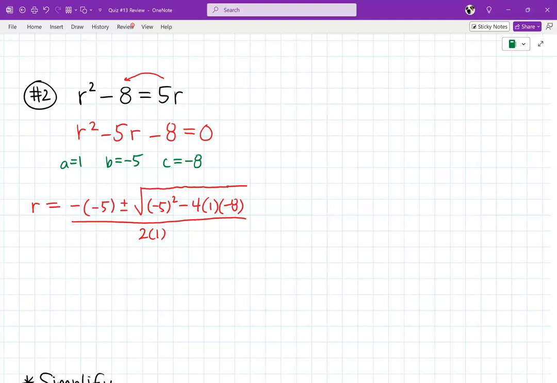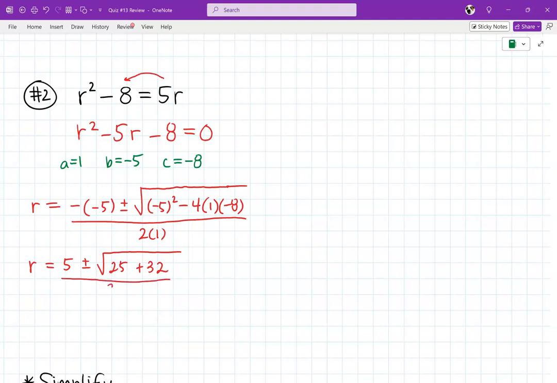And then from there, you're just going to try to simplify and start solving. So this gives me r is equal to 5 plus or minus the square root of 25 plus 32. Okay, because negative 4 times 1 is negative 4, and then negative 4 times negative 8 is positive 32.